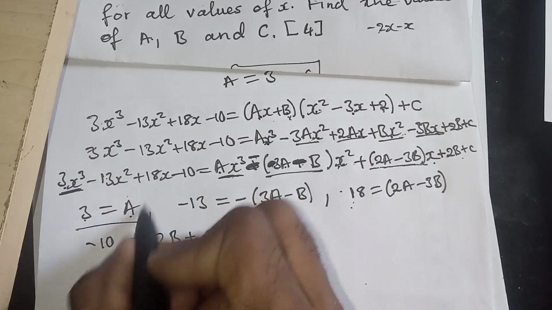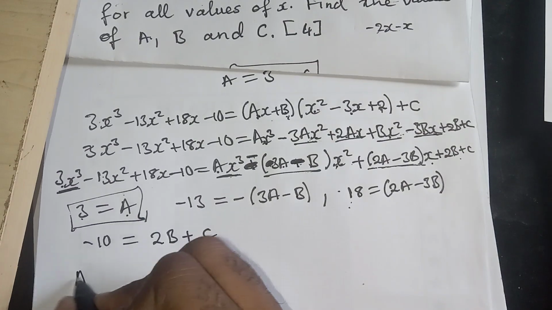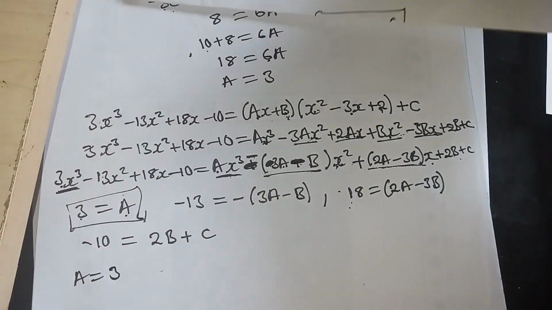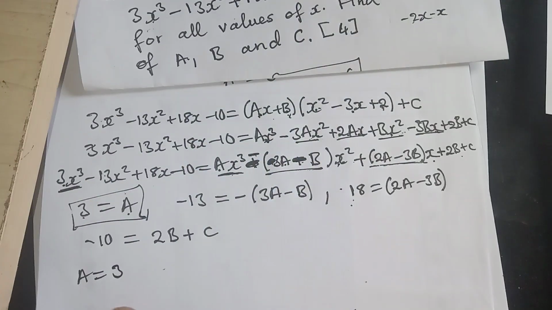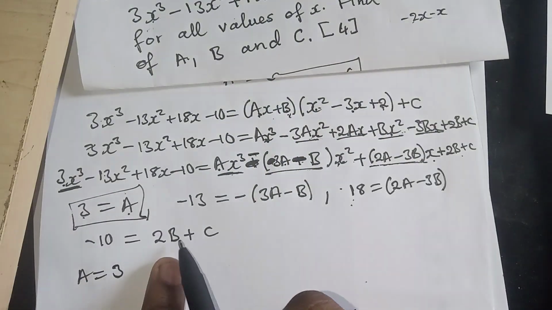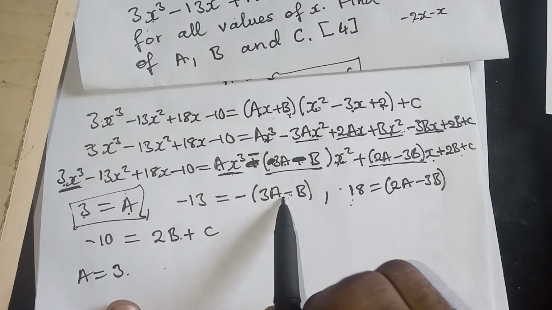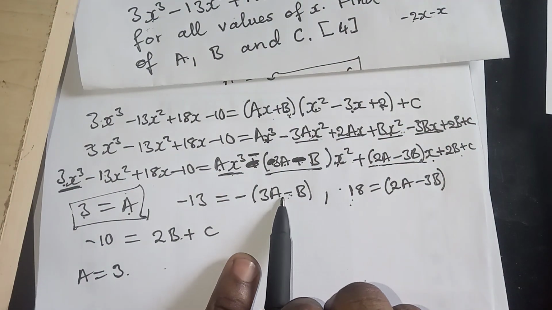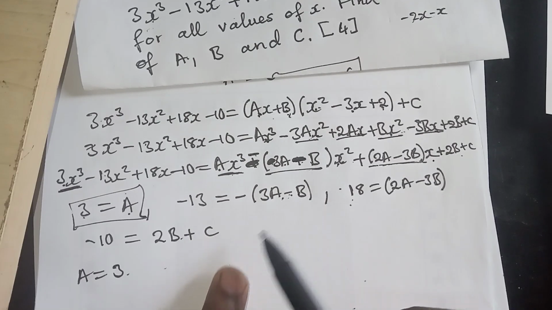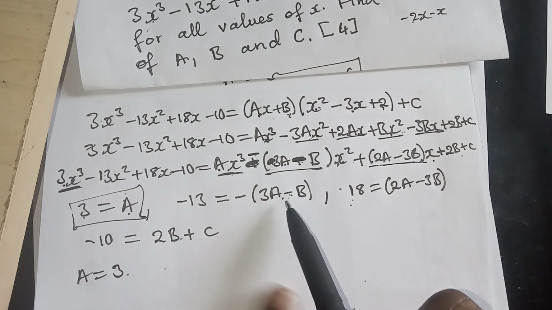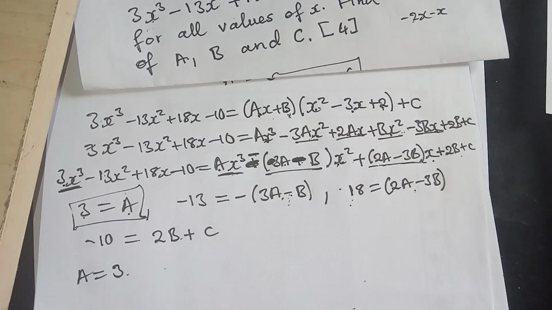So likely a has been found. It's a 3, just like before. And then next we can either find c or b. So if I want to solve for b, I can use any equation that has an a and a b, such as this one or this one.